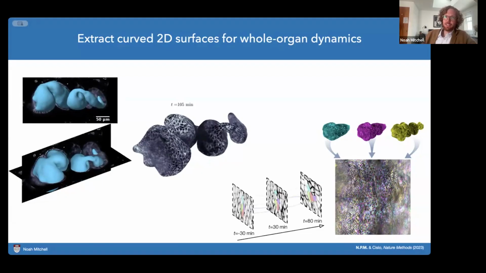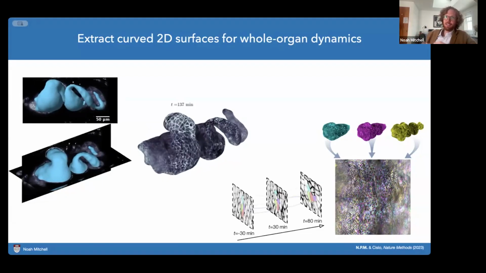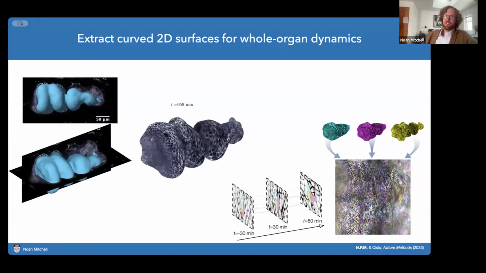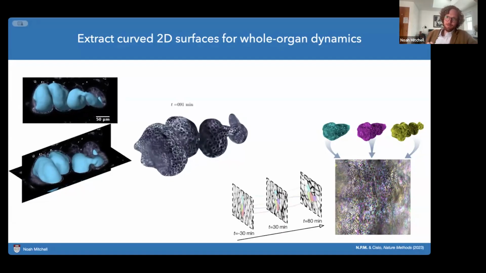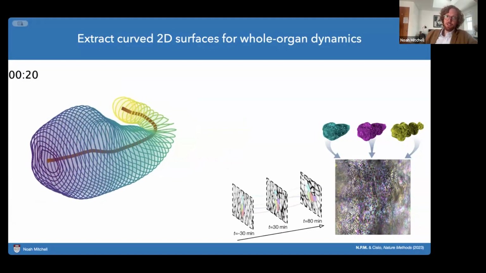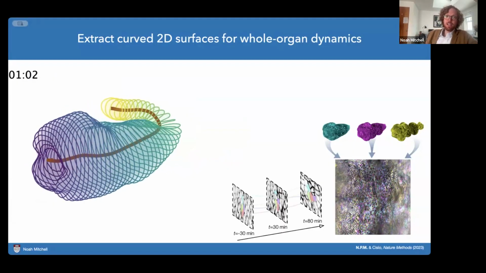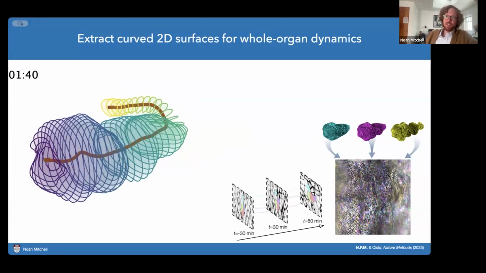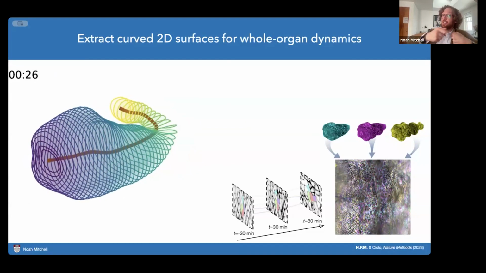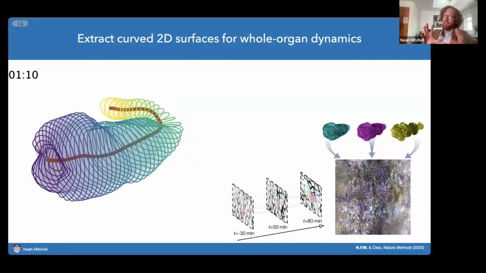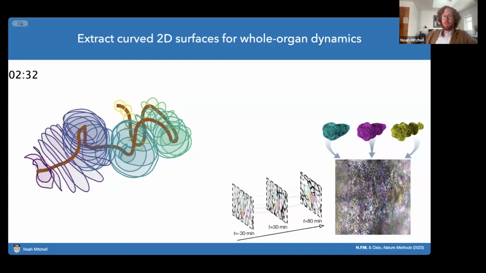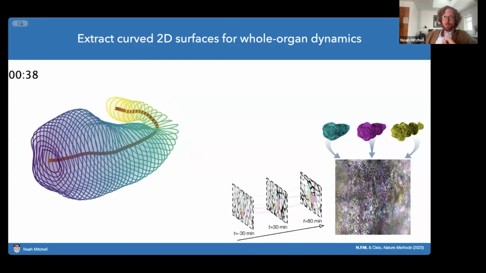And that allows you to track cells and extract kinematics about cell shape changes, cell area changes, cell rearrangements and tissue deformations. And this procedure also provides a natural coordinate system defined across the entirety of the organ, which allows us to measure things like the center line of this curve and the surface strain rates that accompany its deformation. Okay, so now let's talk about those two things.